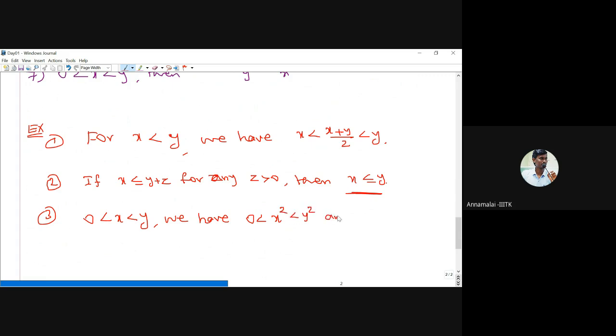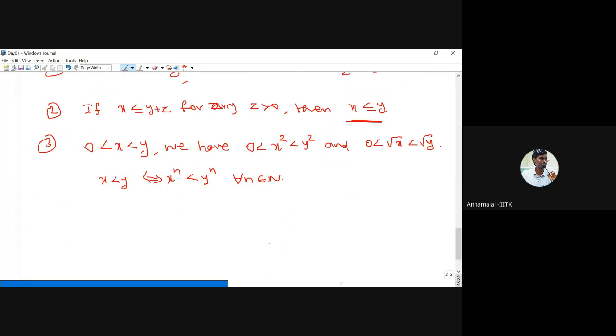And if we take the square root, which is always positive, then the square root of x is less than the square root of y, provided the square roots of x and y exist. And one more thing: x < y if and only if x to the power n is strictly less than y to the power n, for any natural number n. This is true.